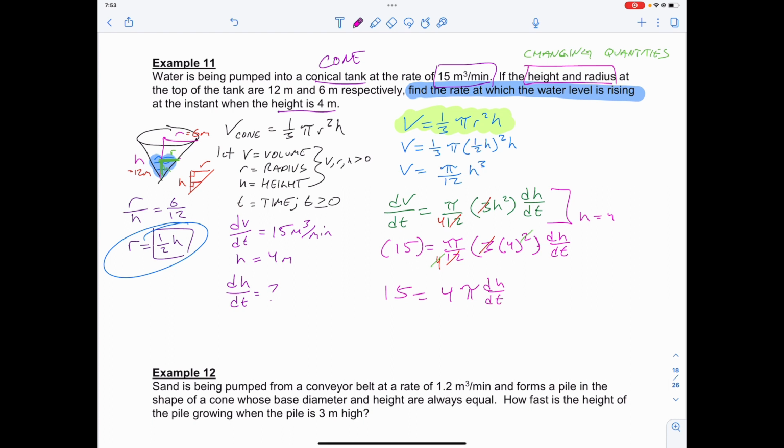So dH over dt is equal to 15 over 4 pi meters per minute.